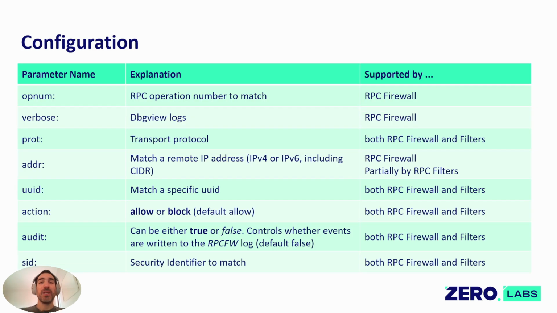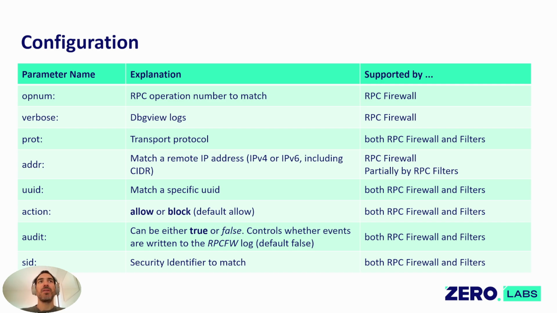The RPC firewall relies on a simple configuration file. That configuration file tells it how to audit certain RPC calls and whether to allow or block certain RPC calls. Depending on how you configure the RPC firewall, it will behave differently. So you can tell it, for example, only to audit specific protocols and specific opnums on a specific UUID, a specific RPC interface.